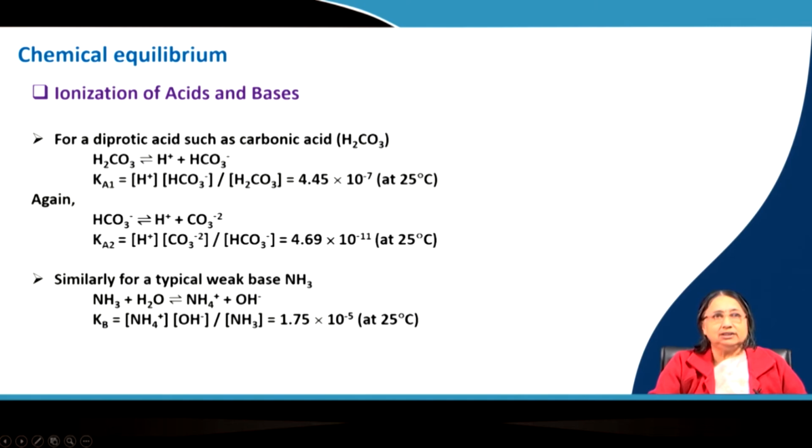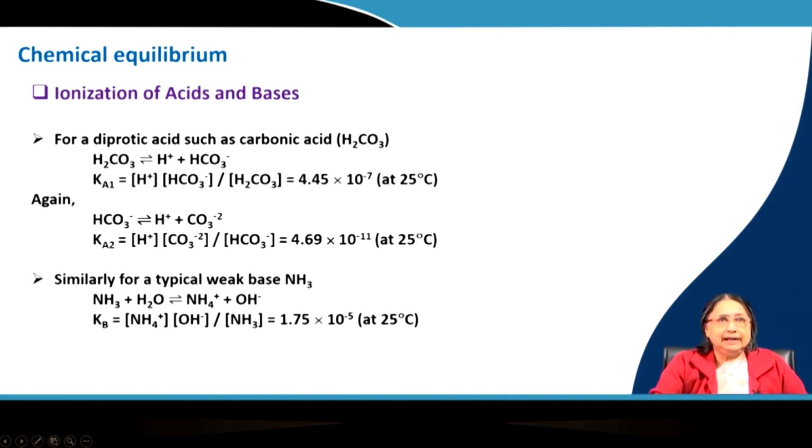For the second dissociation we write Ka2. For the first dissociation of this carbonic acid, it is a very weak acid. If we know the pKa value, which is the minus log of K, we see it is just below 7, and from this pKa value we can easily tell that it is a very weak acid.